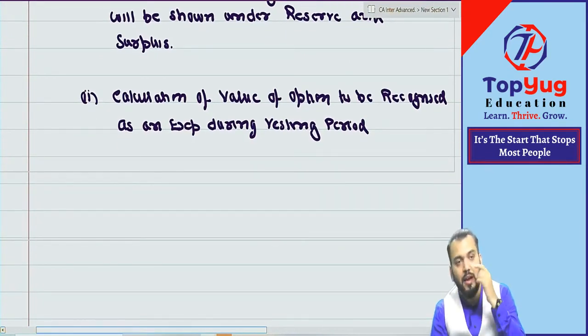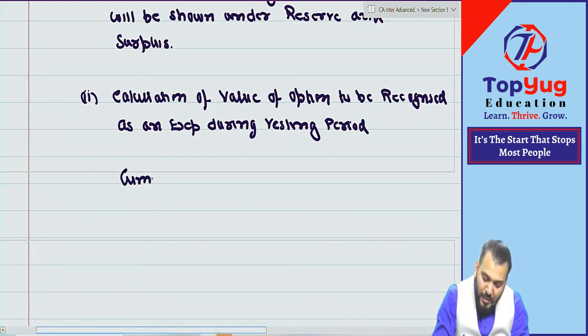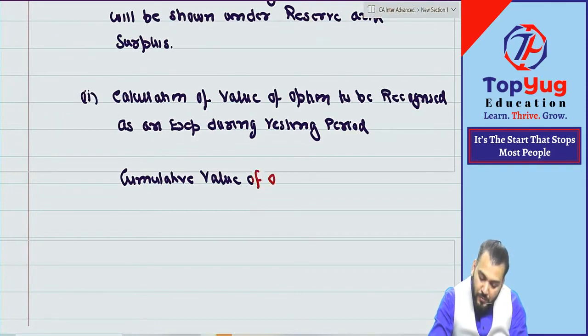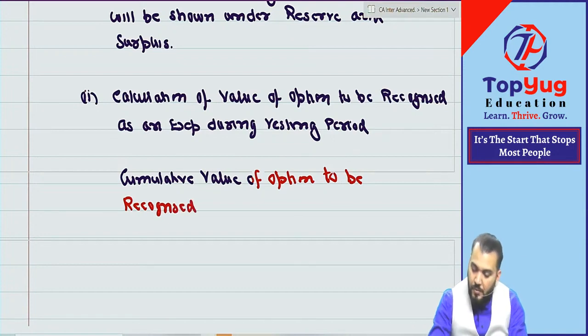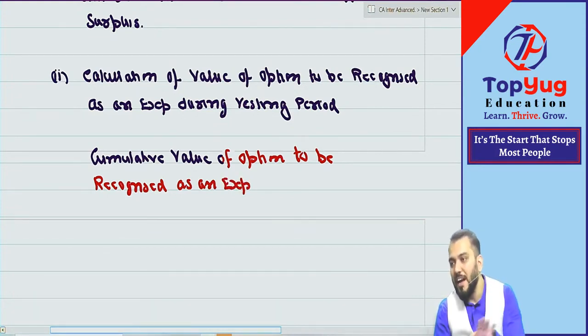One question we have already done, and I have already informed you how to calculate. So first we'll try to calculate the cumulative value of option to be recognized as an expense till the expired period.